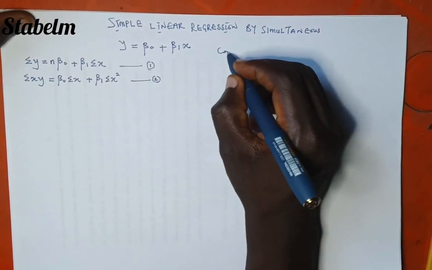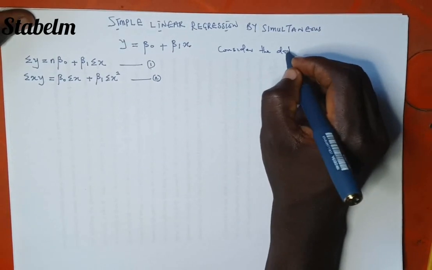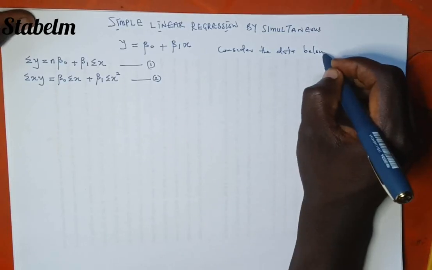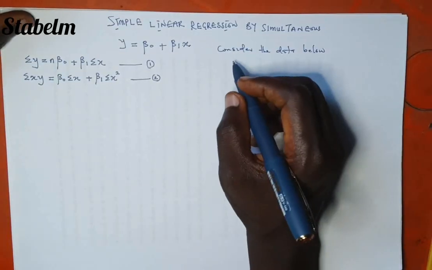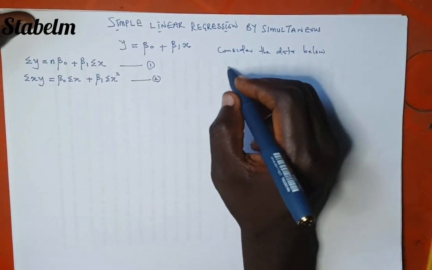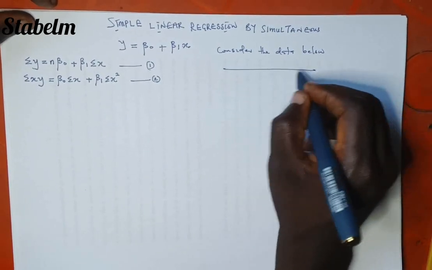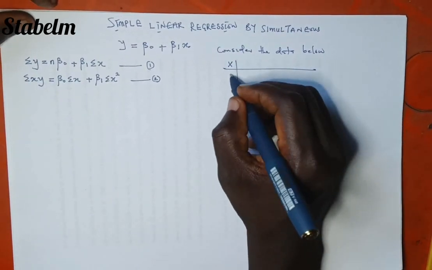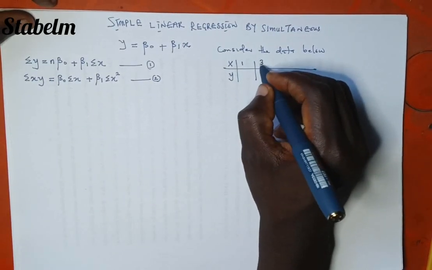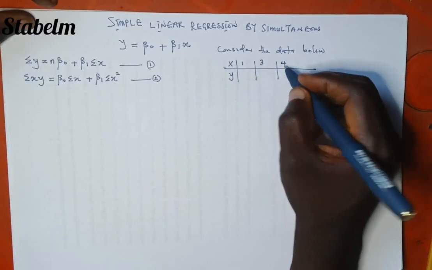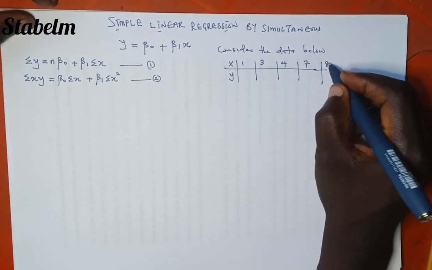Now let's consider this data below. We're going to use this data as an example just to show you how to use simultaneous equations to find the two parameters. So here we have x and we have y. x is 1, 3, 4, 7, 8.